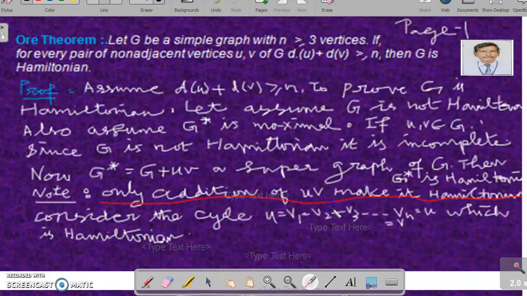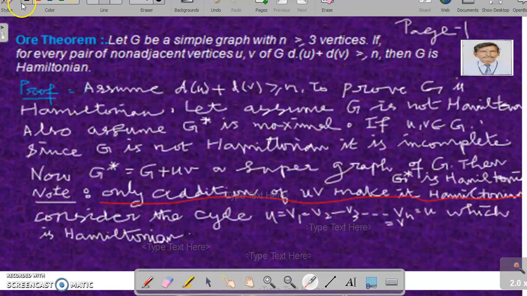Now consider the cycle u equals u1, u2, v1, v2, v3, ..., vn, where vn we are taking as v, that equals u, which is Hamiltonian by our definition.